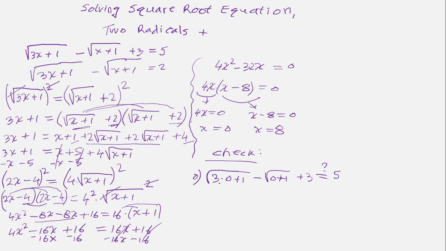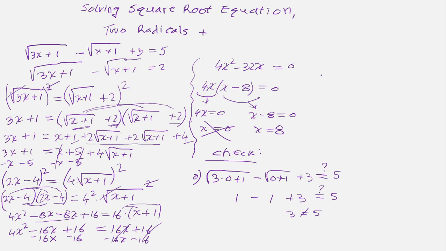So 3 times 0 is 0, plus 1 is 1, square root of 1 is 1. 0 plus 1 is 1, square root of 1 is 1, so we have 1 minus 1, and then plus 3. Is that equal to 5? Well, 1 minus 1 is 0, so we have 3 equal to 5, which is not true, which means this is not an answer. So x equals 0 is not an answer.